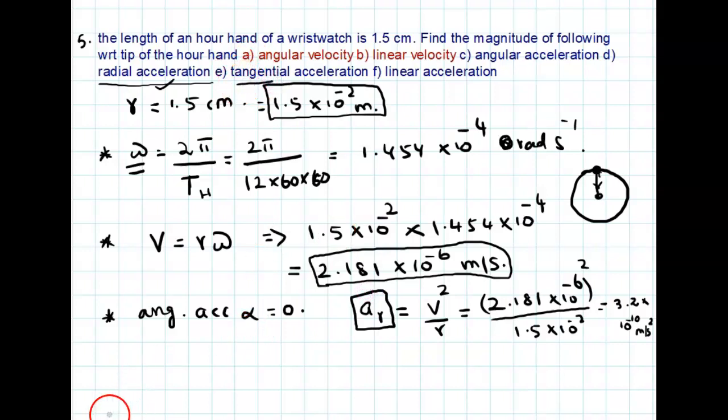Next, tangential acceleration. If you want to find tangential acceleration, you have to draw the tangent here.